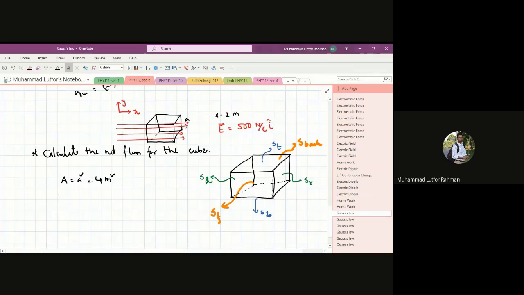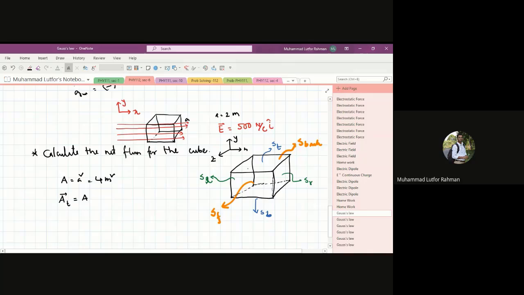So first I'm going to find the area of the top surface. I'll write A, but I have to give the direction. The top surface would be in which direction? If I consider the 3D case, say this is my X direction, this is the Y direction, and this is the Z direction.